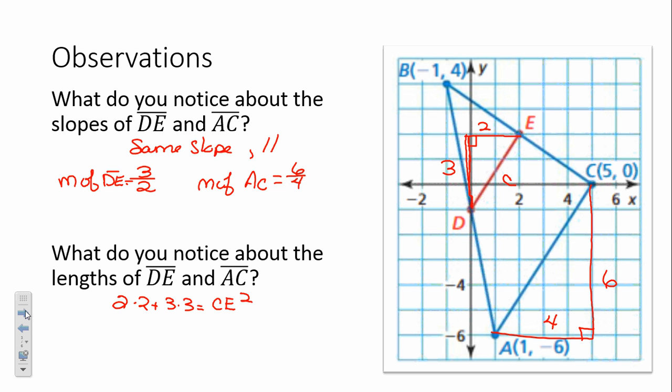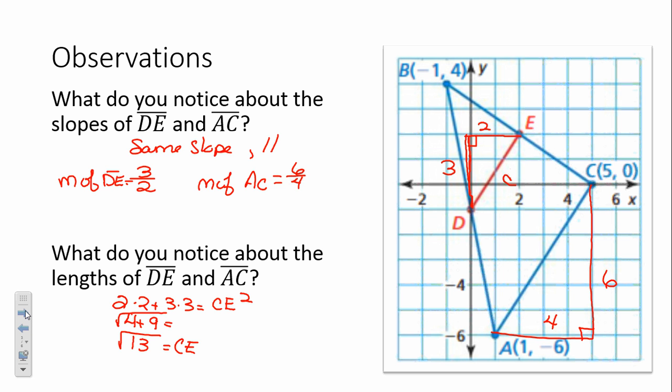So he's using the Pythagorean Theorem. You gotta say it louder. So 4 plus 9 is my CE squared. So if I take the square root of that, I'll have CE. So the square root of 13 is CE. Everybody okay with that one?